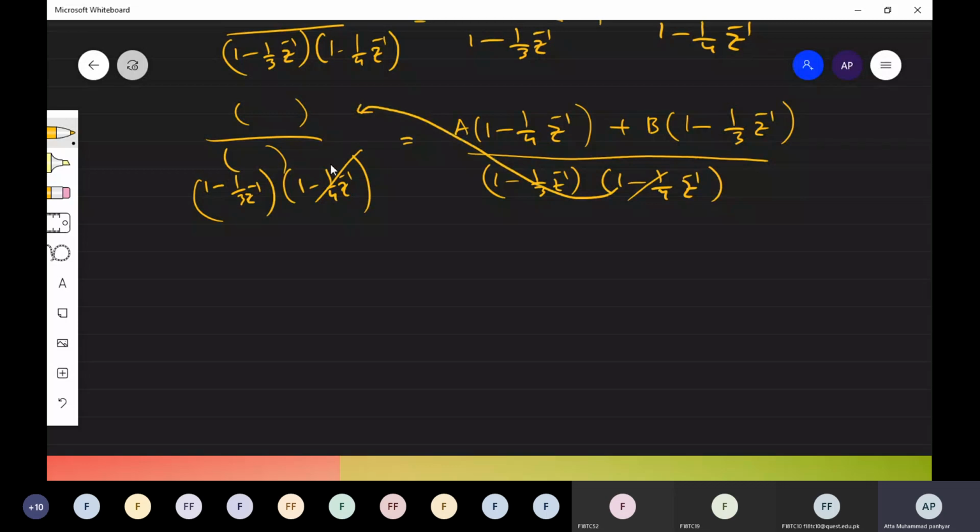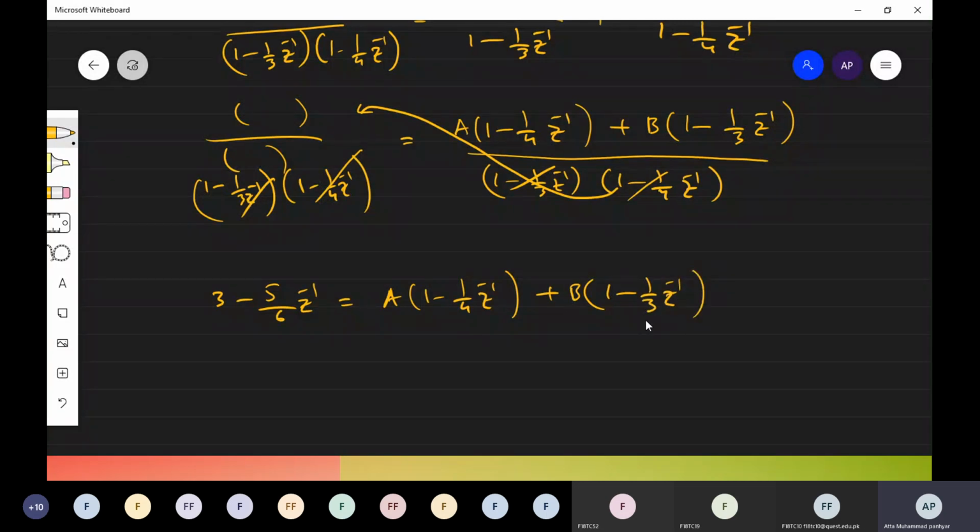If you bring it here, these terms cancel out. Likewise, this term also cancels out. What is left is 3 minus 5 upon 6 z inverse equal to A times 1 minus 1 upon 4 z inverse plus B times 1 minus 1 upon 3 z inverse.